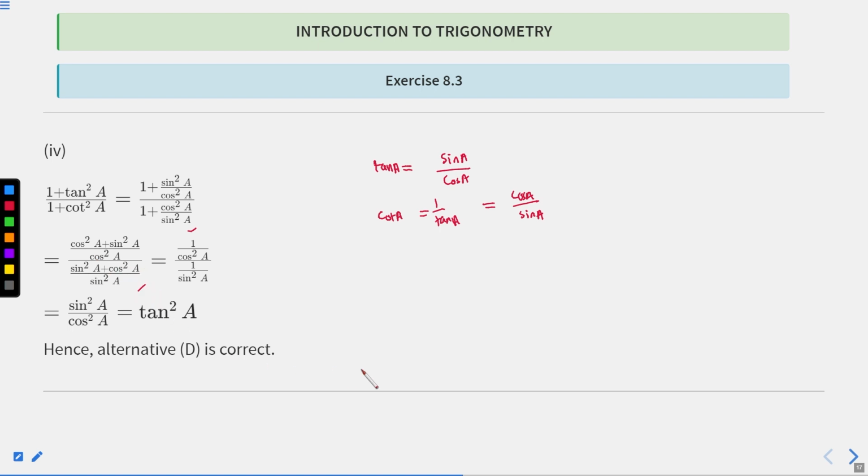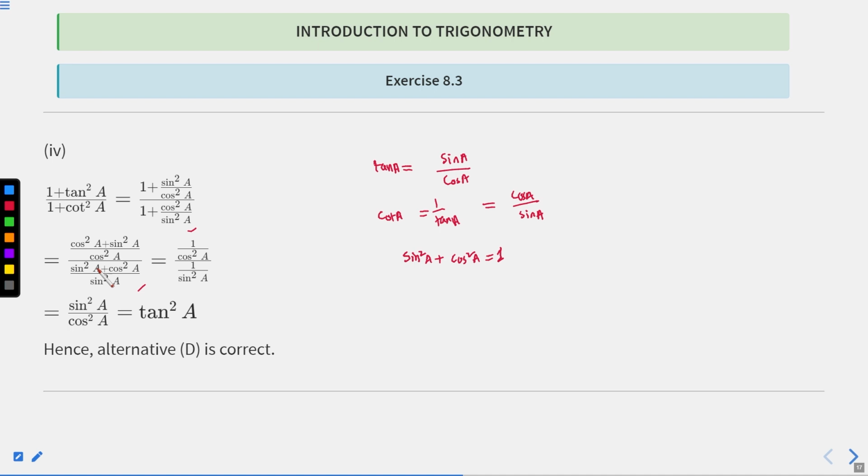Here we know the identity sin square A plus cos square A is equal to 1. So here we get the expression cos square A plus sin square A, and we can now put its value, which is equal to 1.